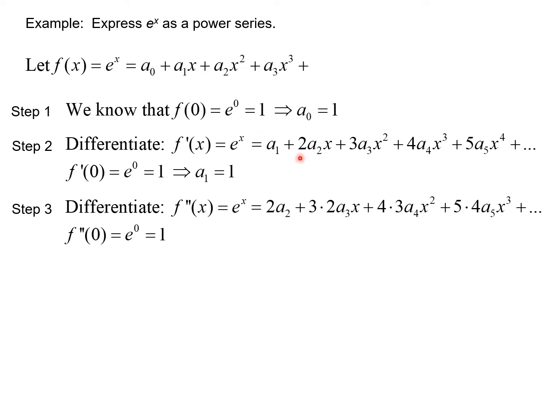So when we differentiate f prime here, differentiating a1, because it's a constant, it will be gone, and you will be left with 2a2, because when you differentiate a2x squared, it becomes 2a2x. Okay, differentiating 3a3x squared will actually give you, leave the 3 alone, as it is a constant, a3 is a constant.